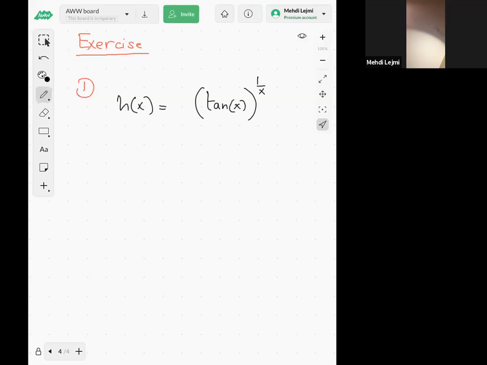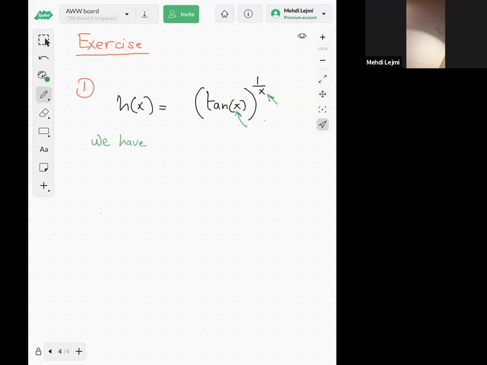So as I said, in this case, when you have x in the exponent, and your x is in the base, right? So we have to apply the Allen trick.